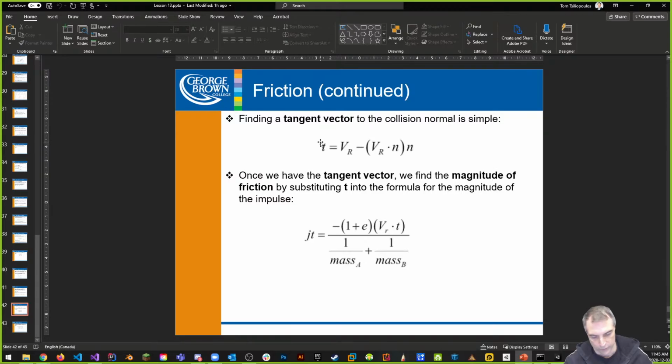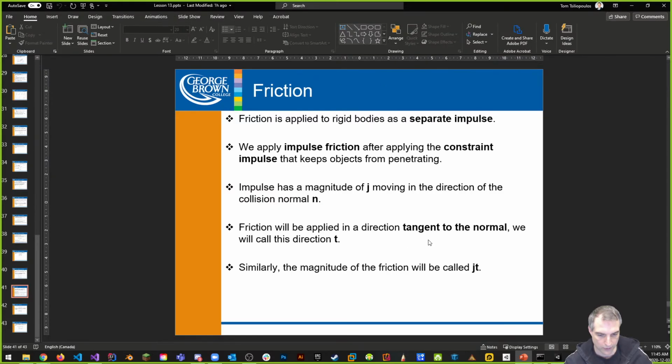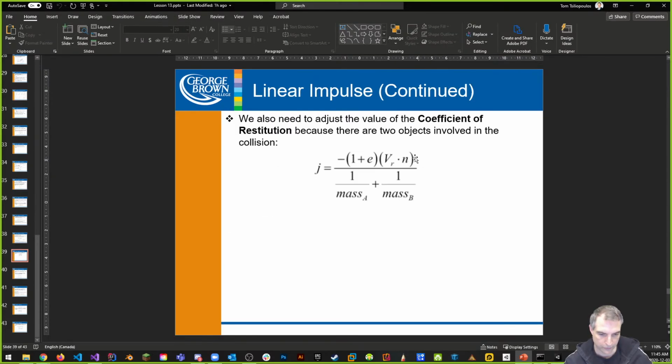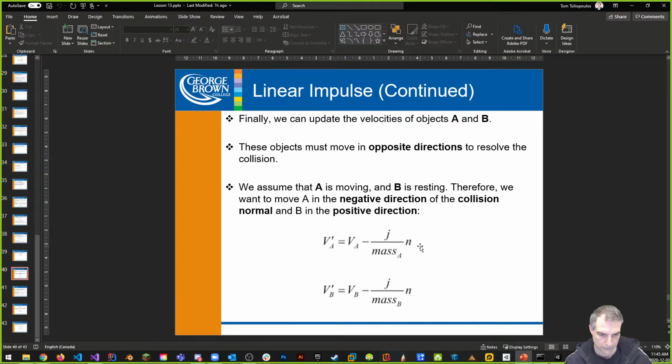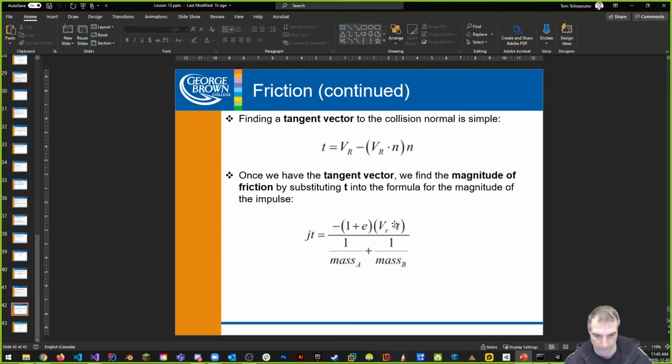Once we have the tangent vector, we can add it down in here, where we say JT, which is impulse times the tangent vector, is equal to the equation we had before that includes the coefficient of restitution up here. Kind of straightforward. The other thing you'll notice is that T is now involved here, where a couple of examples ago there was no T. It was N. That's the difference, where we've dragged T out here.